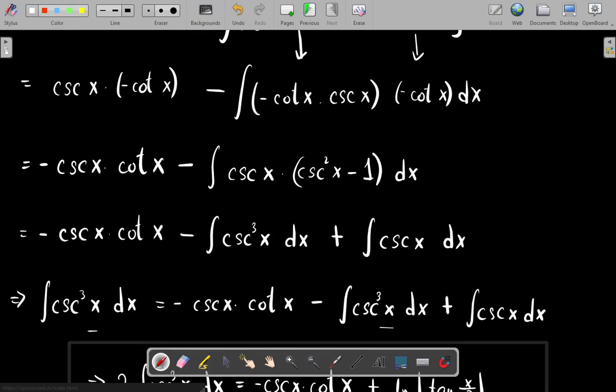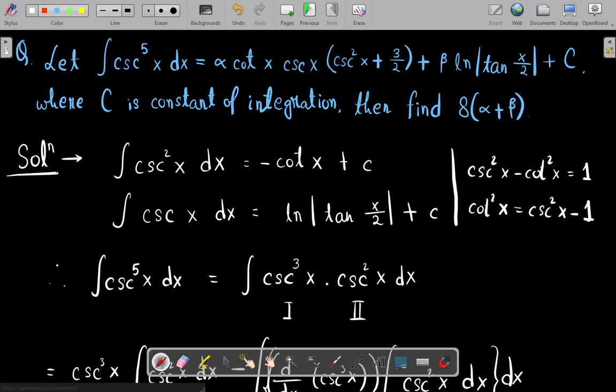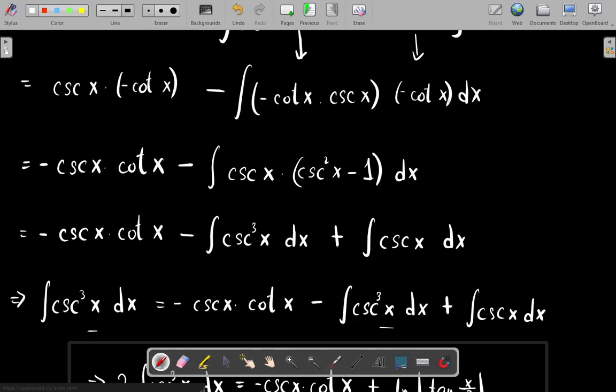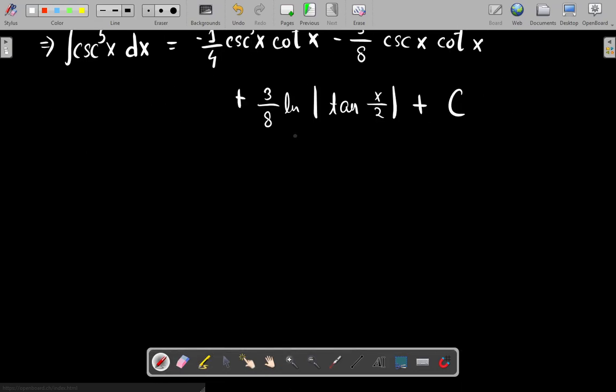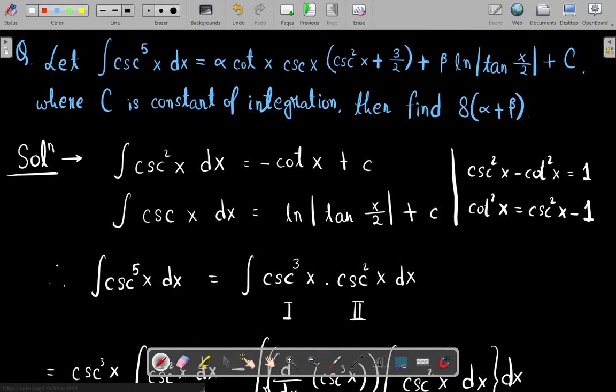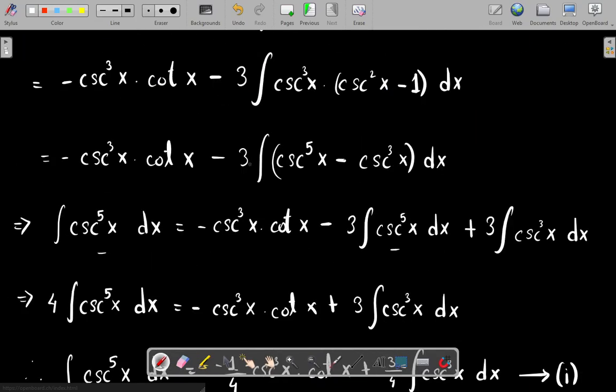Okay, so now we see that they have taken cot x and cosec x common for the first term, and they have kept the other term, that log term, as it is. Okay, so this beta is just the coefficient of this log term, which is 3 by 8 here, and for alpha we just need to take common, they have taken common cot x and cosec x, right?